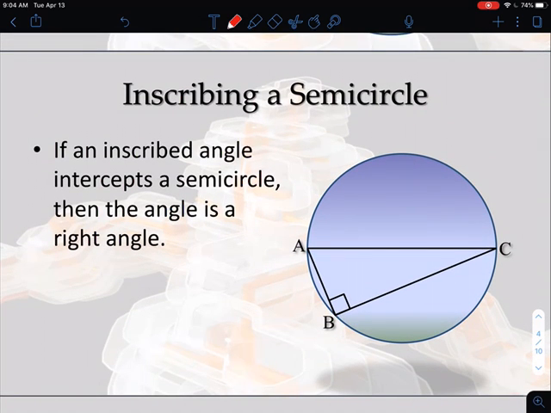When we look at semicircles, we go back to that second section in chapter 10 where we talked about arc measures, and we talked about semicircles. So if I have a diameter, so AC is my diameter, that means that my arc that goes with that chord, that diameter, in this case arc AC, would have to be 180 total degrees because I'm doing half of the circle.